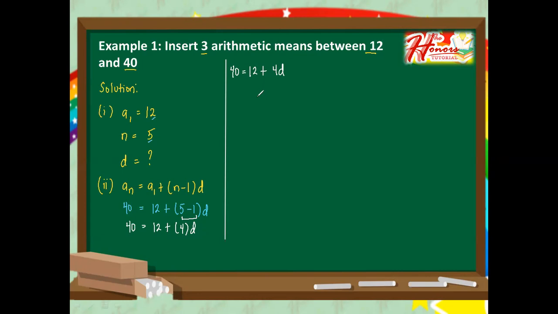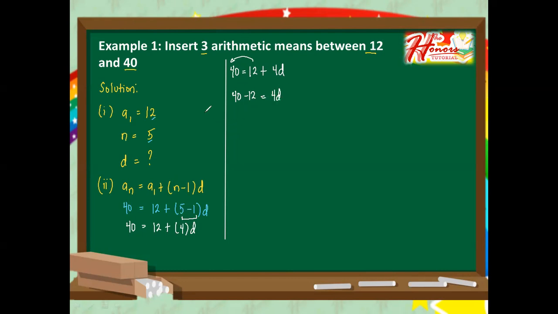And then we have to transpose. Kindly transpose 12 to the left side of the equation. So we have here 40 minus 12. So positive 12 became negative 12 because we transpose it. Remember, any number or variable that you're going to transpose will change its sign. So if it is positive, then it will become negative. Equals 4d.